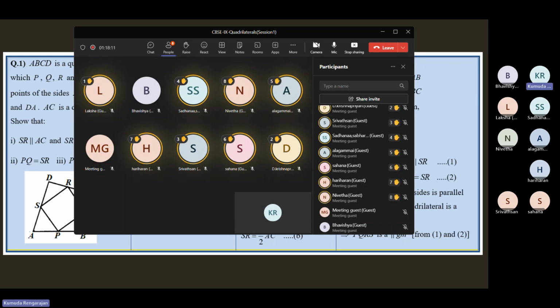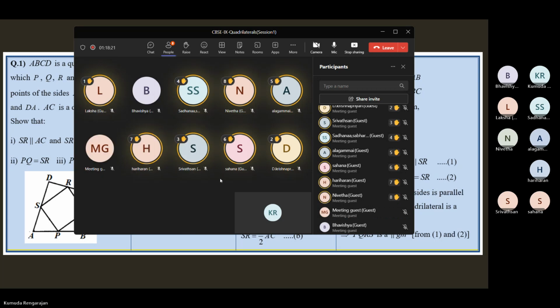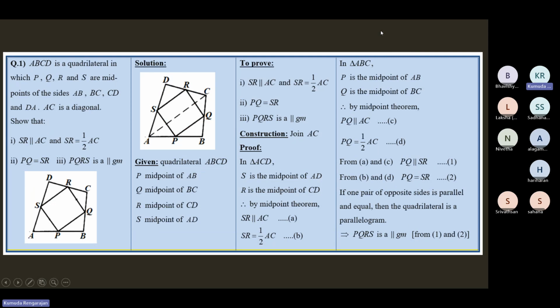I can't see the name. Who's this? Bhavishya, are you there? Okay, no response. Please continue, children. Just come back in some time, 2-3 minutes. I'll come back. Please write.